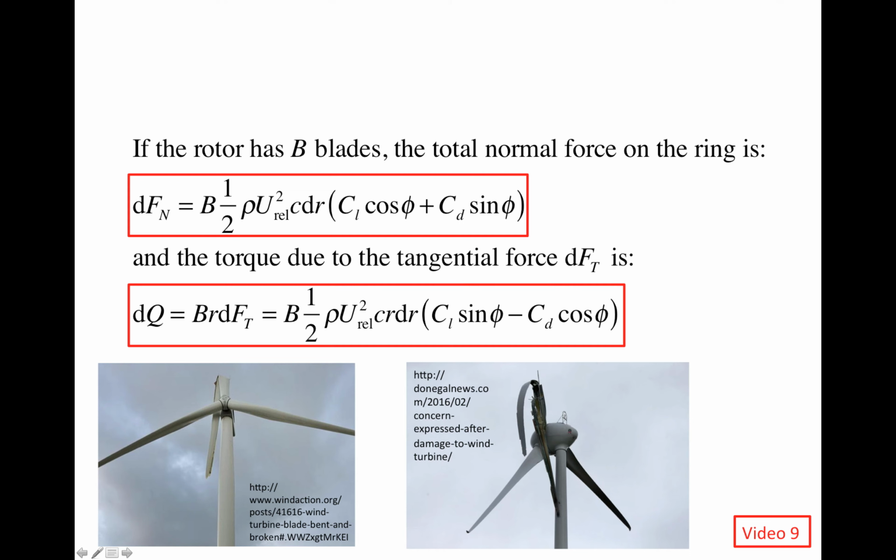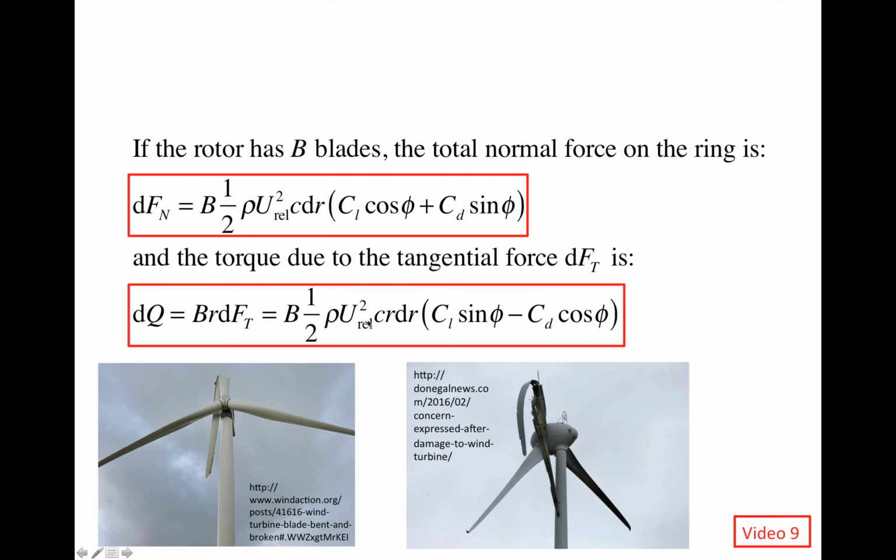So from these two expressions, we can see that both the normal force and torque increase with the square of the relative wind velocity. The torque also increases with R, the radius.